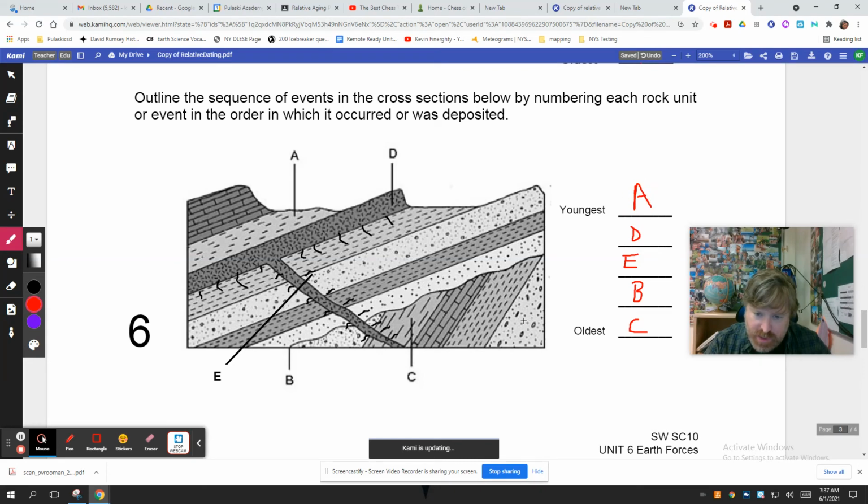Now what it really should be is like 1, 2, 3, 4, 5, and then a tilt, and then some erosion, and then 6, 7, 8, 9, 10, 11, 12, and then more tilting, and then more erosion.